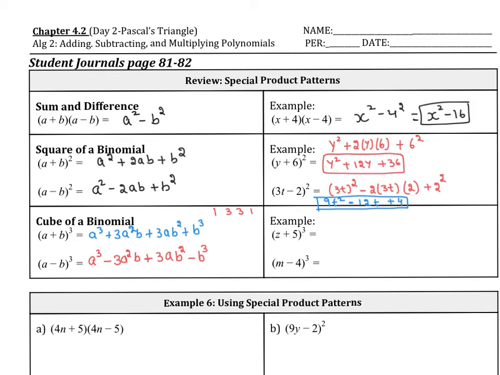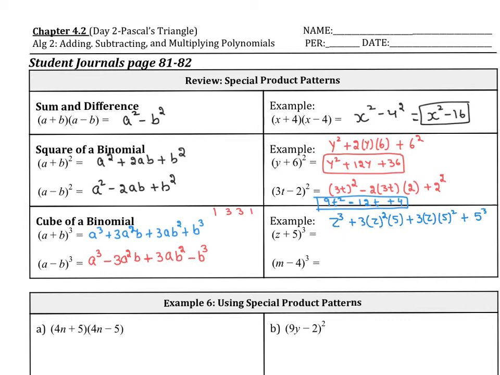So I'm going to have here z cubed, plus 3z squared times 5, plus 3 times z times 5 squared, plus b cubed, which means that this is 5 cubed.